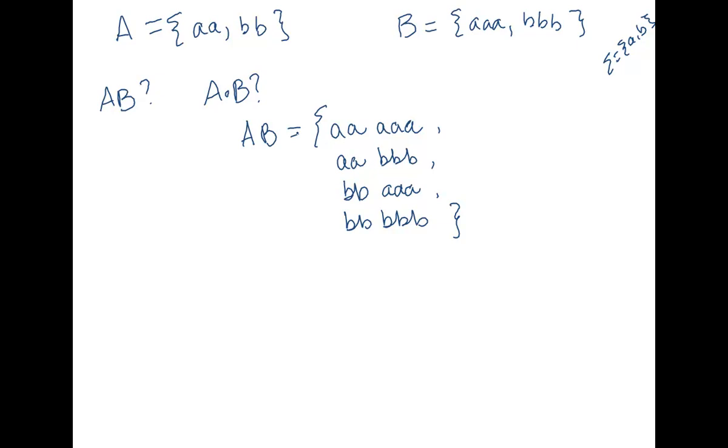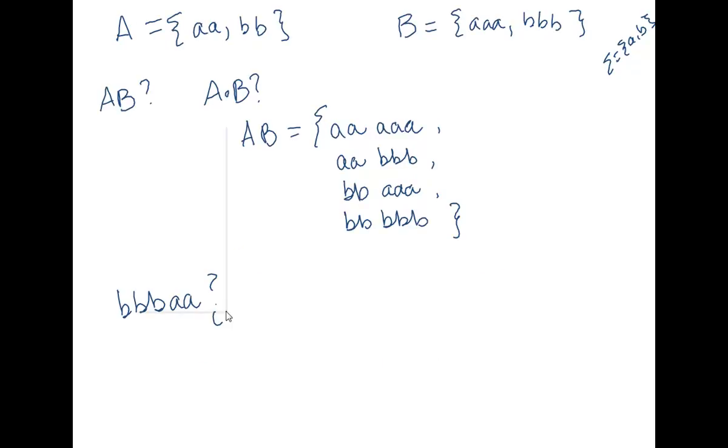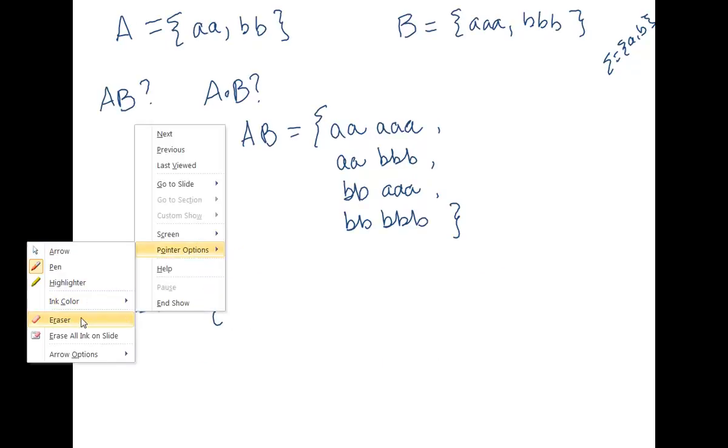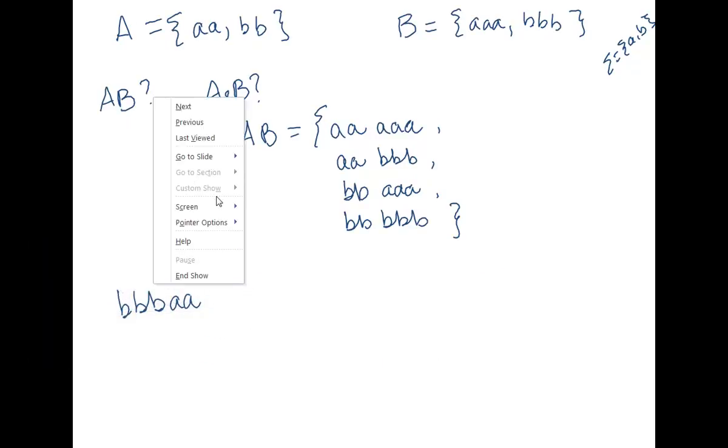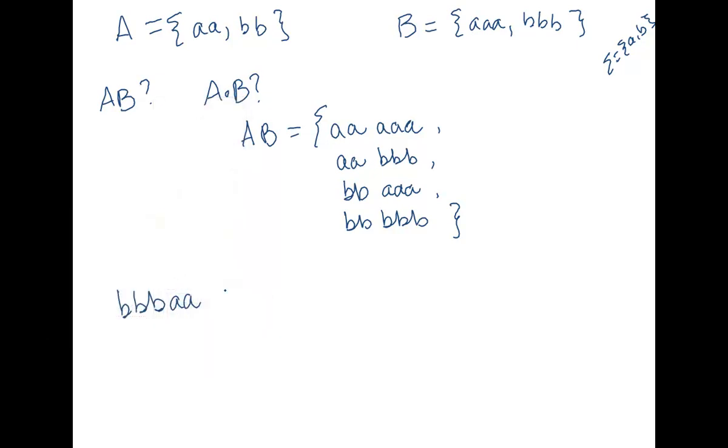Okay, so that's AB. So we can ask ourselves some questions, like, let's take the string BBBAA.